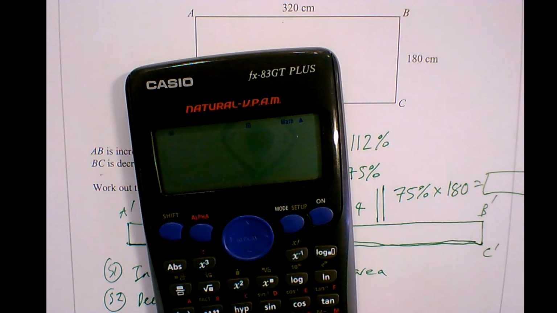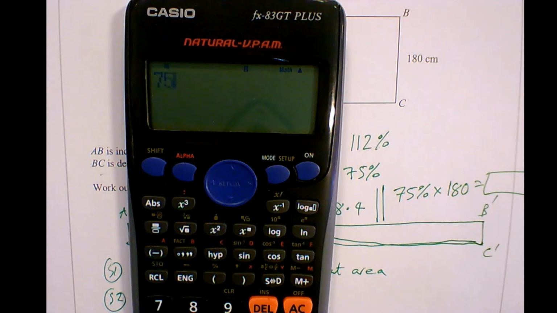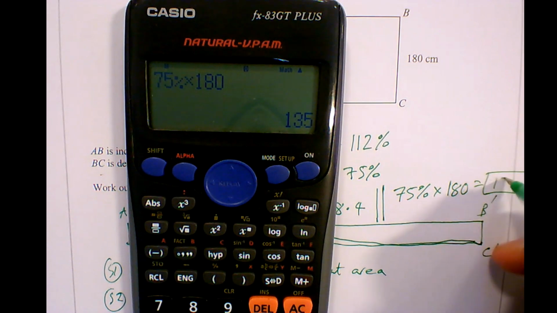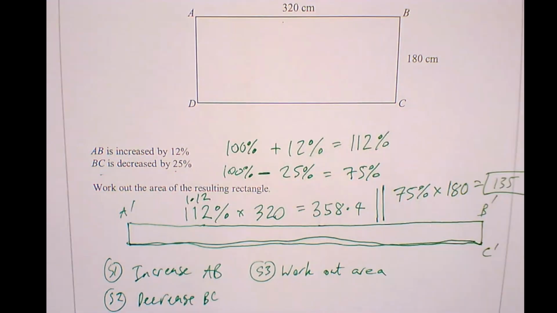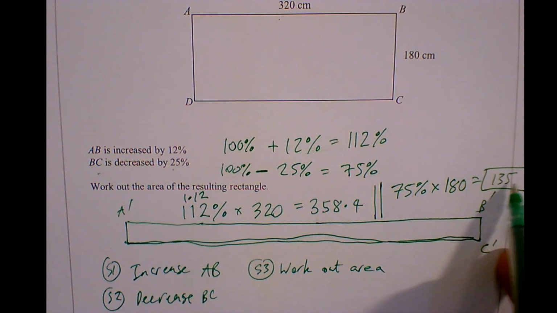I get my calculator out again. 75% times 180 gives me 135. So now I've got step two, I've decreased BC, so this is my new length.